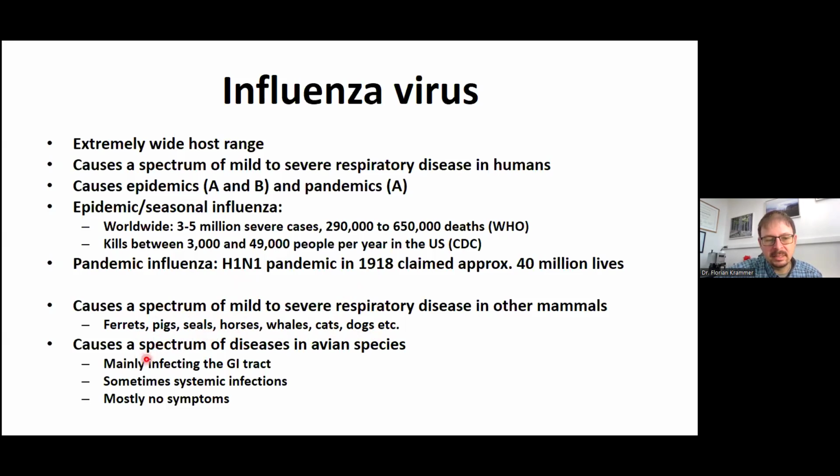And here we have mainly infections in the GI tract, and very often those are asymptomatic infections. The birds might not even be sick. Sometimes we get systemic infections, and we'll talk about that when we talk about H5. And with these systemic infections, typically then there's severe disease, and the birds can die of these systemic infections relatively quickly.